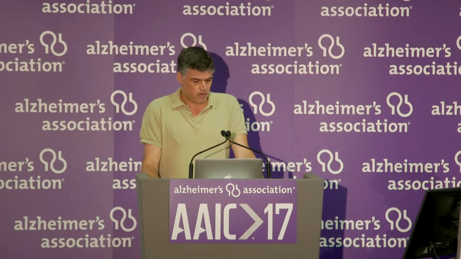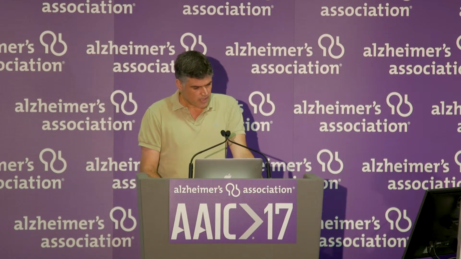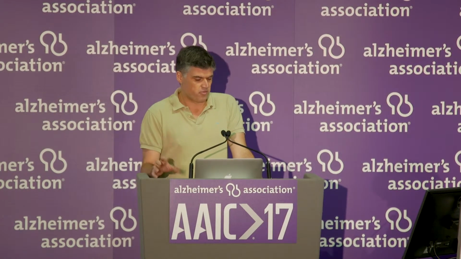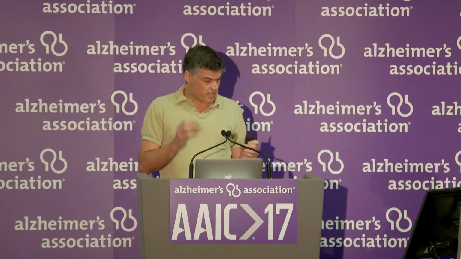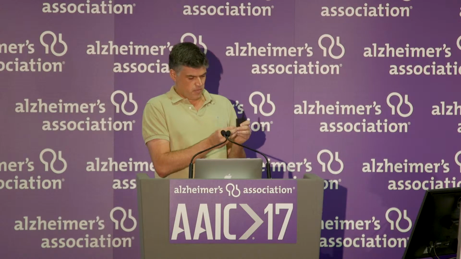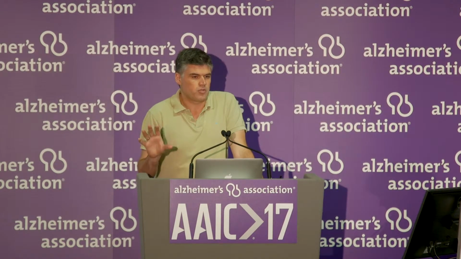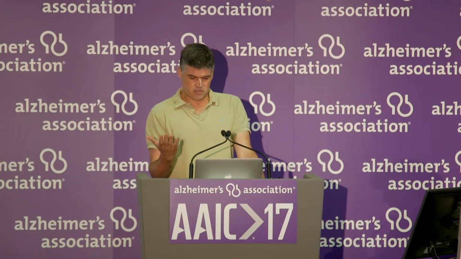This is based on graph theory principles, because conventional approaches in general use the intensity of the PET imaging to visualize the deposits, and that's fantastic, but they do not provide the network information that we think is the basis of the disease, right?